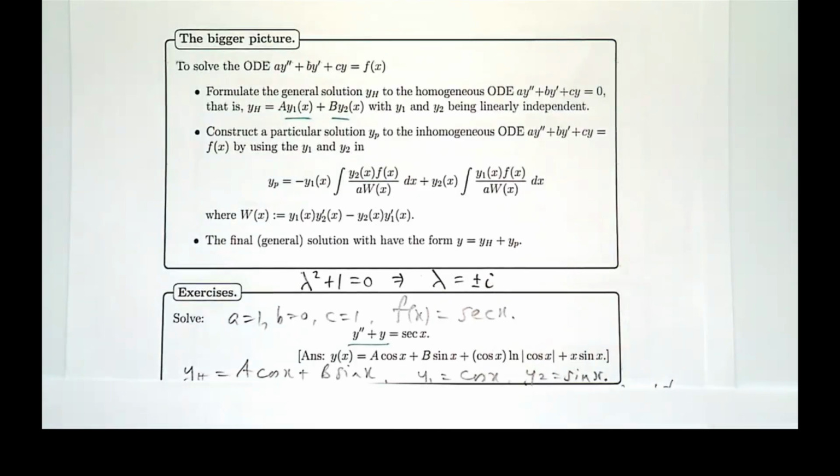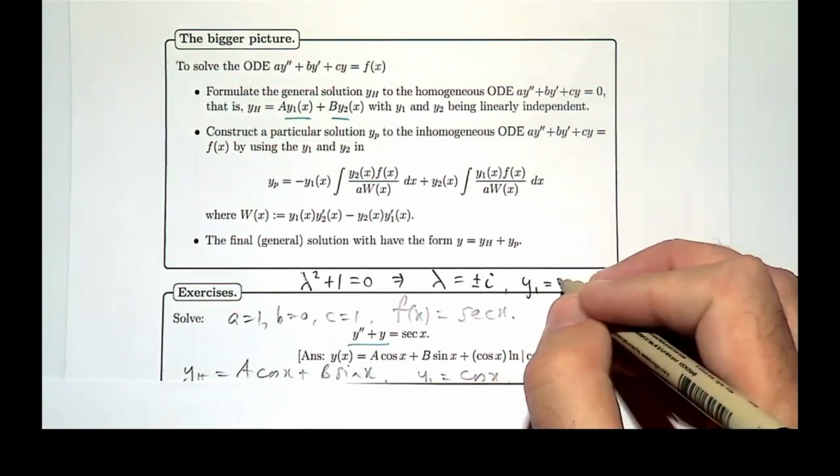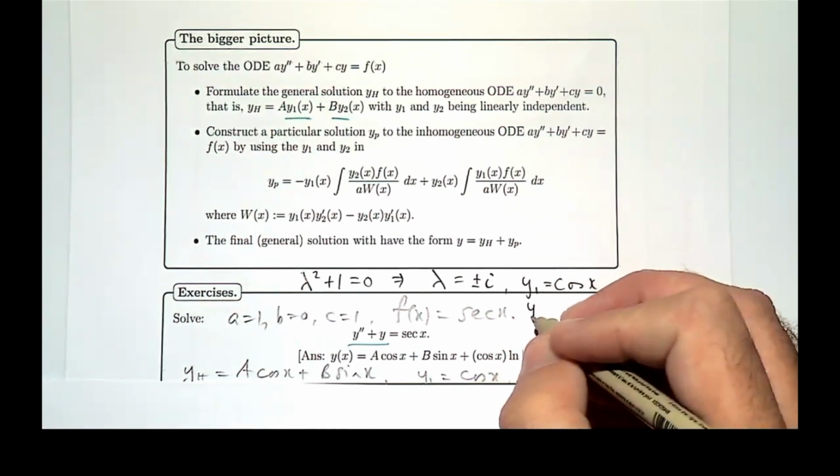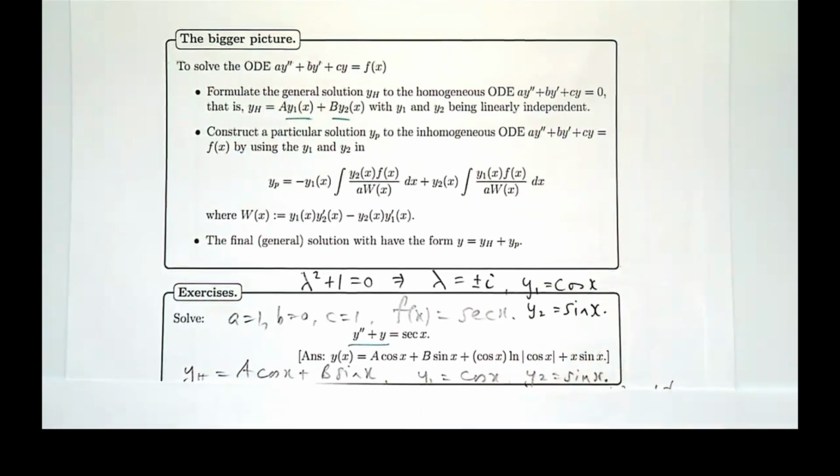In that case, we're going to get a linear combo of sines and cosines. So let's say y1 is going to be cosine x, y2 is going to be sine x. From those two friendly functions, we will build this monster y sub p. We will build it through these integrals.